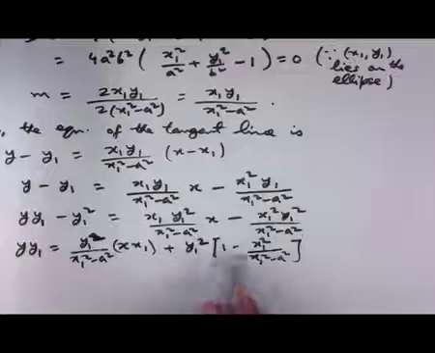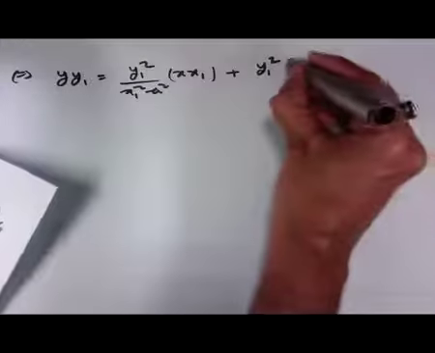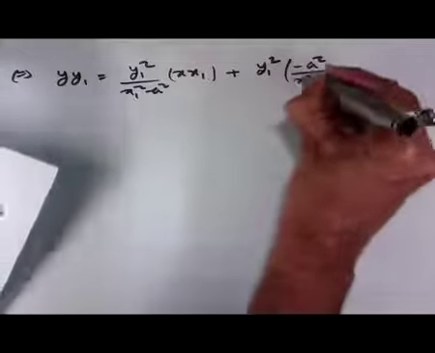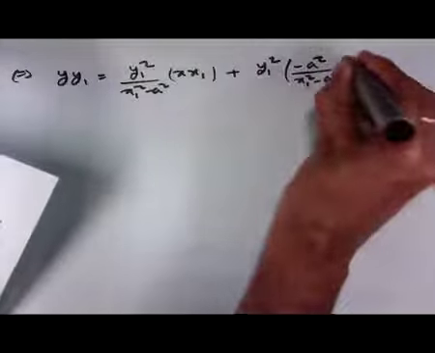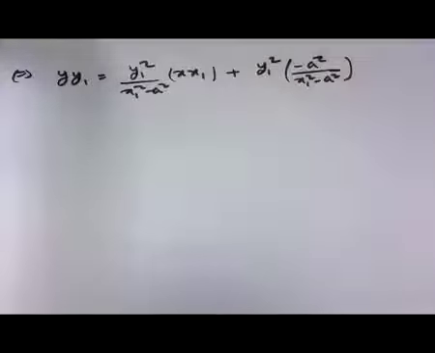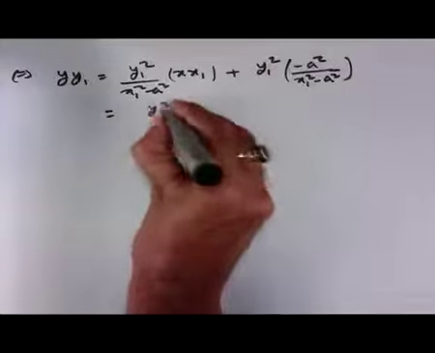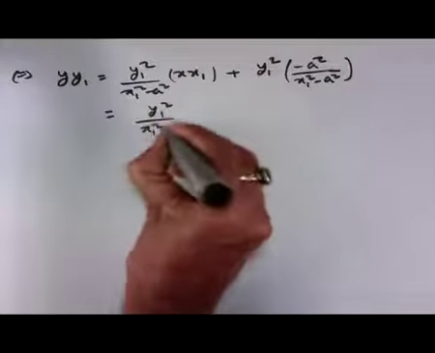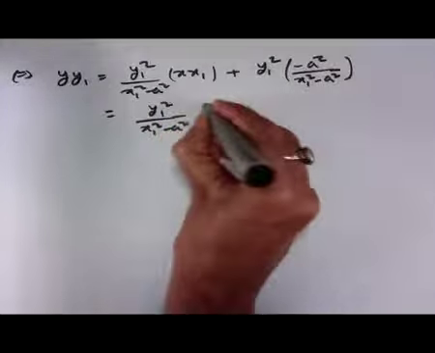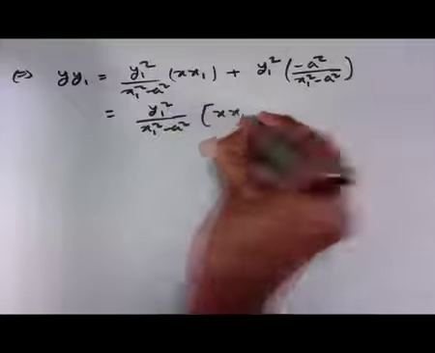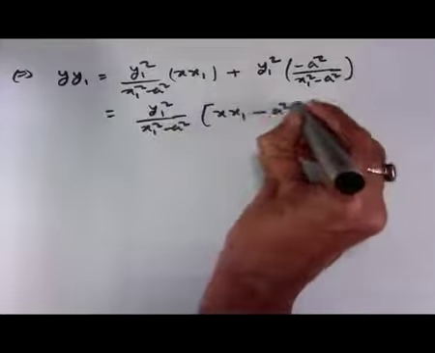So, that will be minus a square by (x1 square minus a square). So, this is equal to y1 square by (x1 square minus a square) times (x1 minus a square).